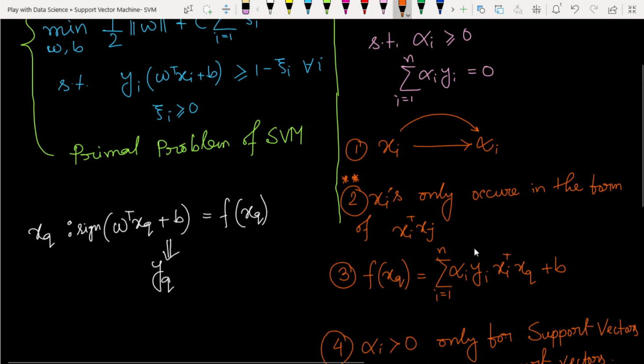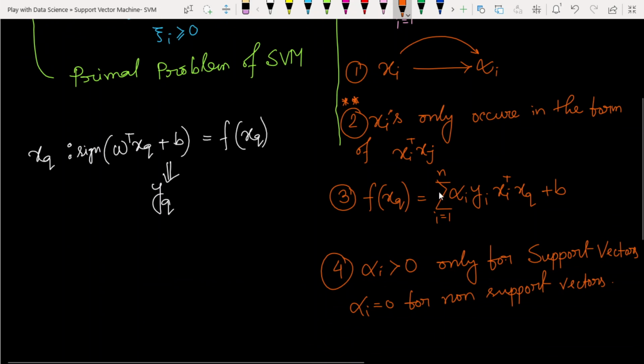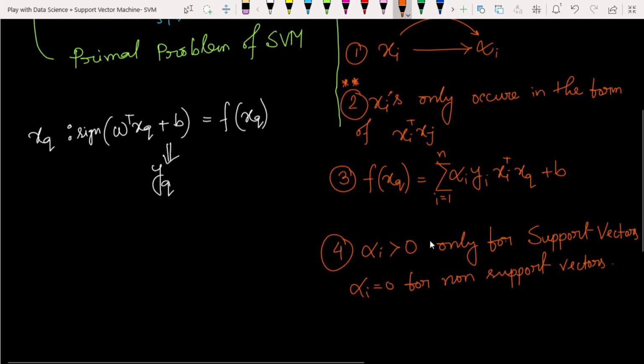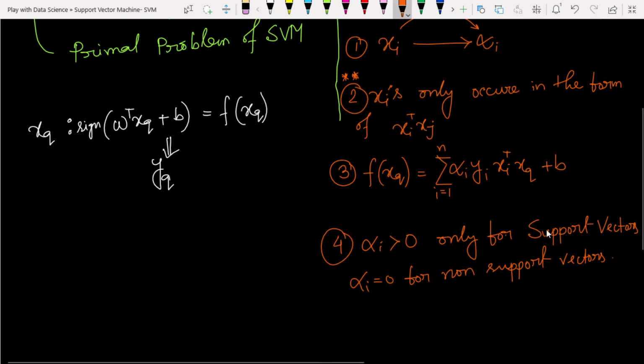If alpha is 0, then in the query equation this portion will be totally 0. So it does not matter how many non-support vectors there are; only our support vectors matter. Our maximum number of points are non-support vectors, and just a few points are support vectors.